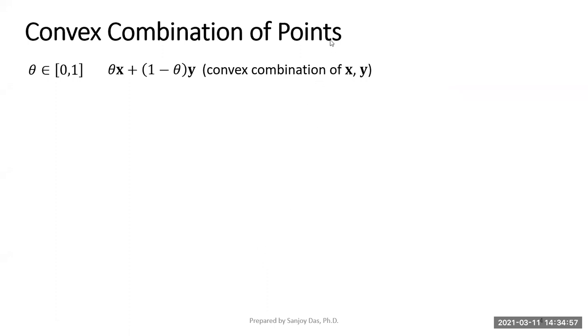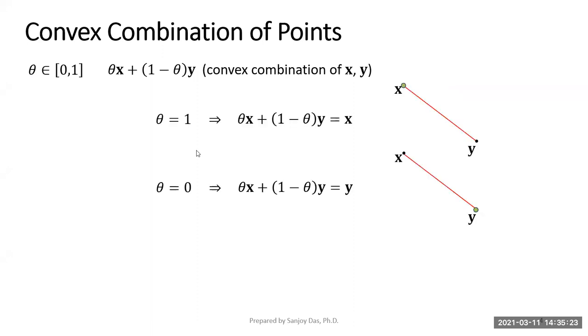Convex combinations of points. Let theta be a parameter in the closed interval 0 to 1. Then theta x plus 1 minus theta y is a convex combination of the points x and y. Let's see. When theta is 1, what happens to theta x plus 1 minus theta y? It's equal to x.